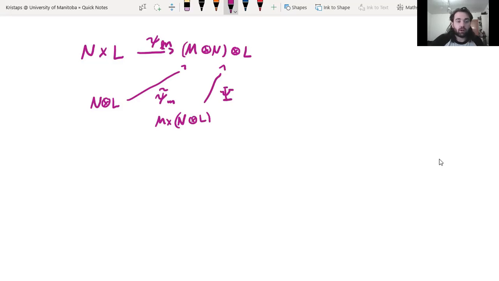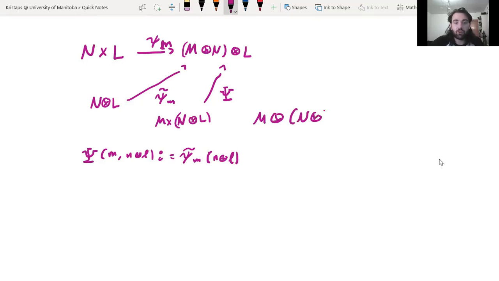So psi of M, N tensor L, of course, is just going to be psi tilde lowercase m evaluated at N tensor L. And then finally, the universal property of tensor products gives us this map from M tensor N tensor L, which will be psi tilde.